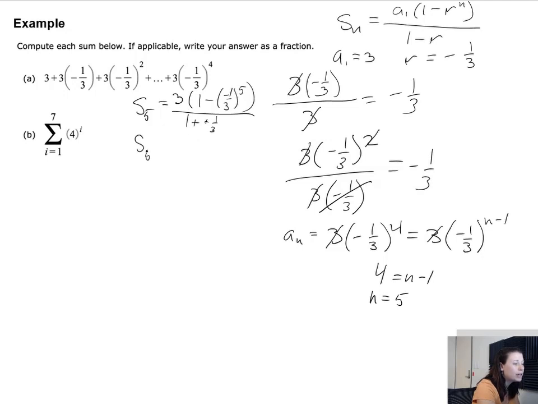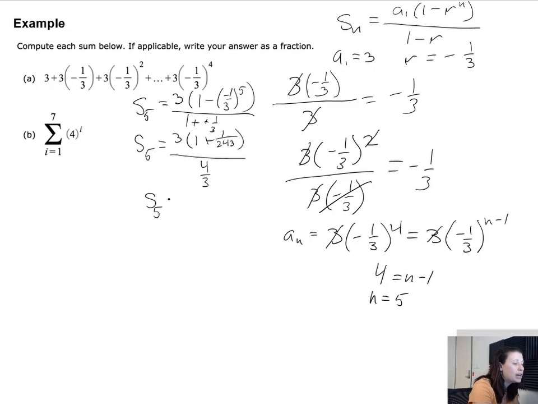So then S5 is 3 times, well, let's see here. We have negative 1/3 to the 5th. Three to the 5th is 243. So this is 1 plus 1 over 243, over, well, this is 3/3 plus 1/3, so that's 4/3, right?